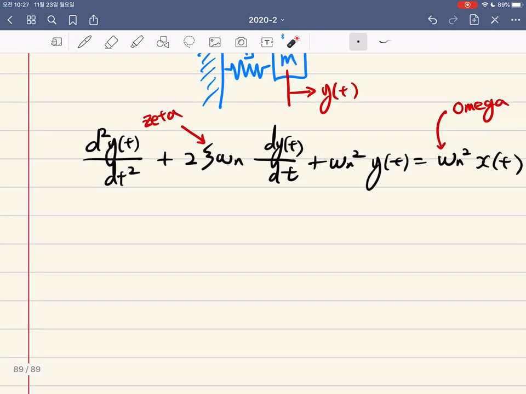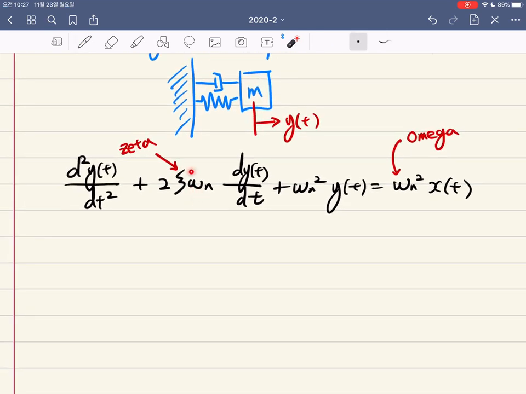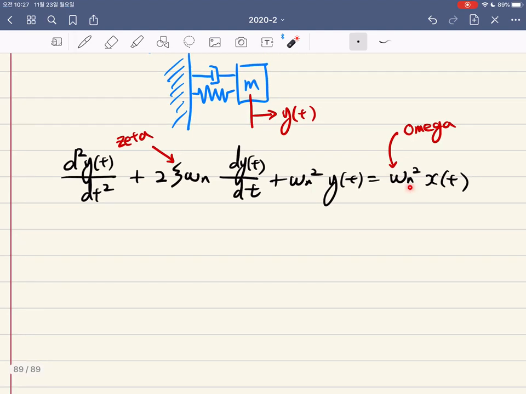Many of you may question why these are introduced here, but with the derivation and the explanation, we will explain what these variables mean in the near future. At this very moment, just adopt this form, and we will do the Laplace transform and go on, and then I will show you what these parameters mean.